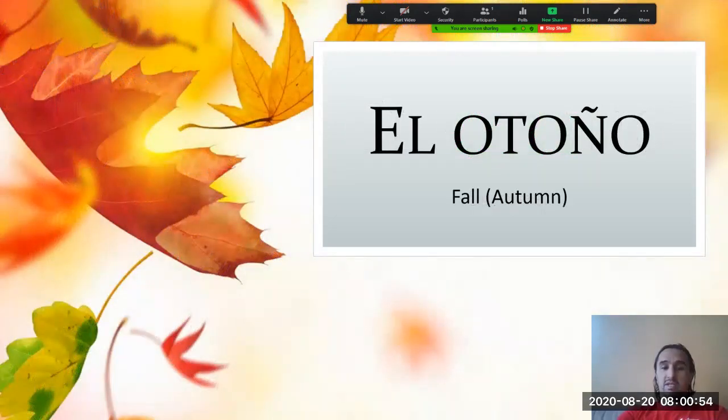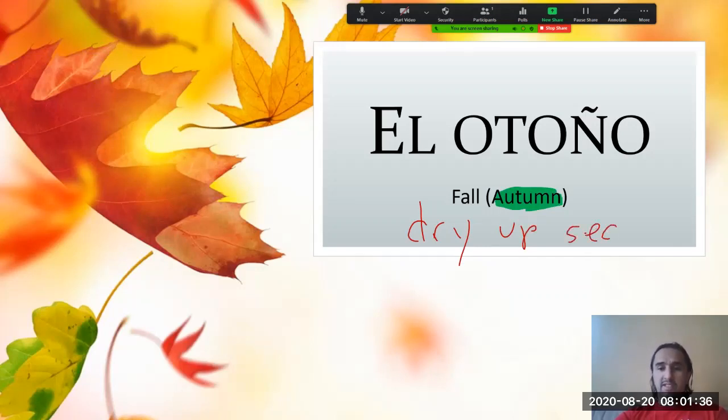Next season, called el otoño, fall or autumn. Fall is the simple way to say it. Autumn is the sophisticated way to say it. So if you remember from what I've told you before, big words in English come from Latin or Greek. In this case, autumn comes from Latin, and Latin borrowed it from other languages. Pretty much it is the dry up season.